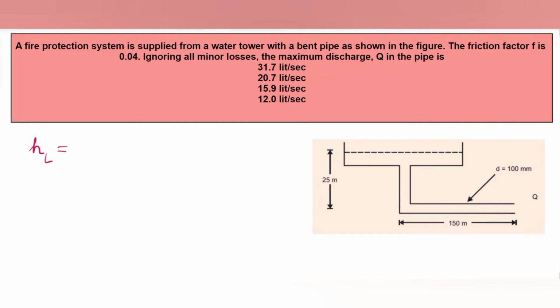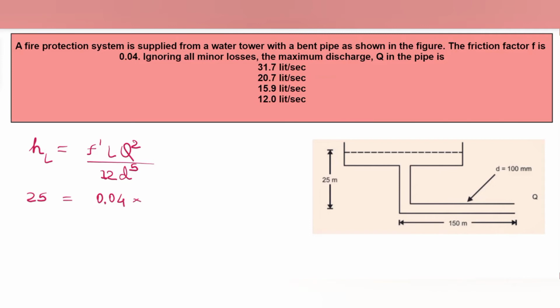HL is equal to F dash L Q square upon 12 d raised to 5. Now here we'll have to take the length of the bent pipe, which will be 150 plus 25, which is 175 meter. The diameter given to us is 100 mm.